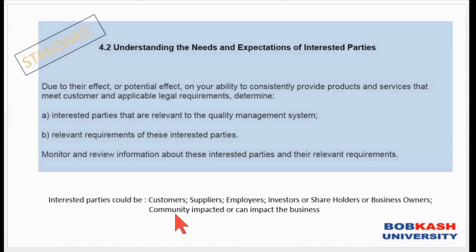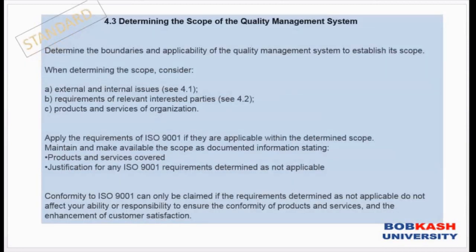So community means people around your business. So people around your business can definitely impact your ability to consistently provide products and services that meet customer requirements. Just now I have given the sound example. So this is all about 4.2, understanding who can impact your organization and their expectations, and these are called interested parties.